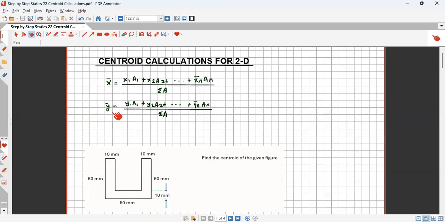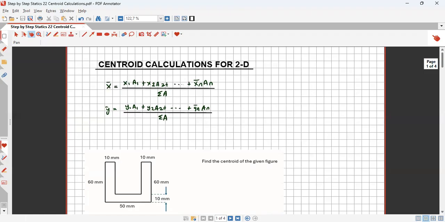The second formula is y equals y1 a1 plus y2 a2 plus and so on, up to yn an, over the total area. We will use these two formulas to find the centroid of a given figure.